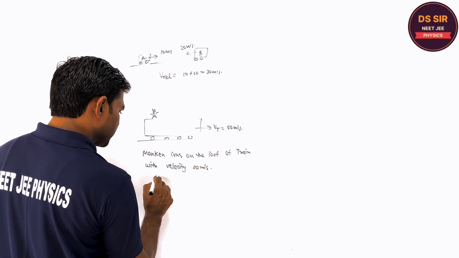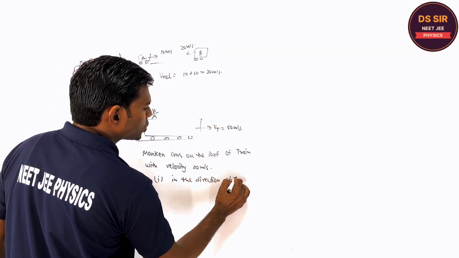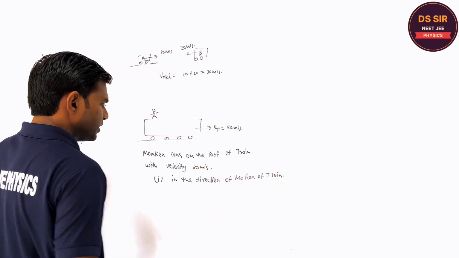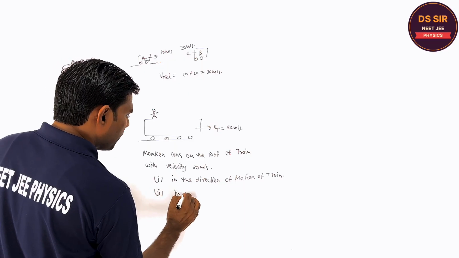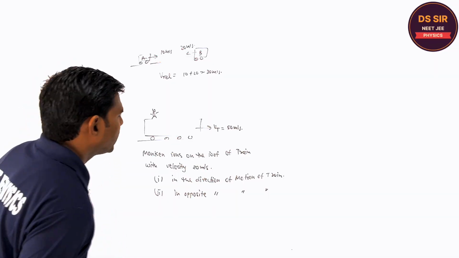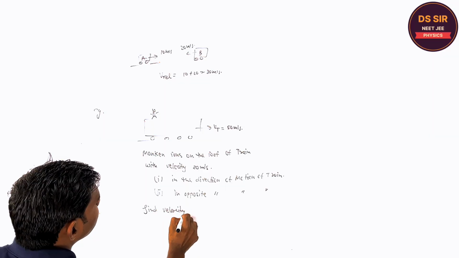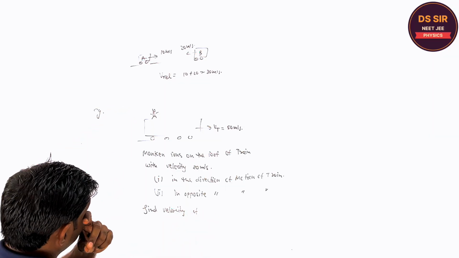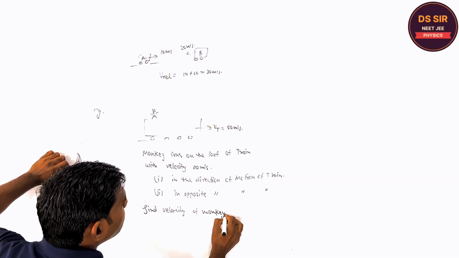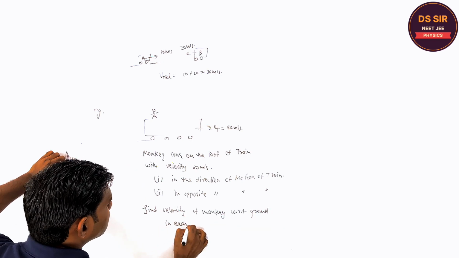First, in the direction of motion of the train. Second, in the opposite direction of motion of the train. Are you getting or not? You have to find the velocity of the monkey with respect to the ground, in each case. This is the question.